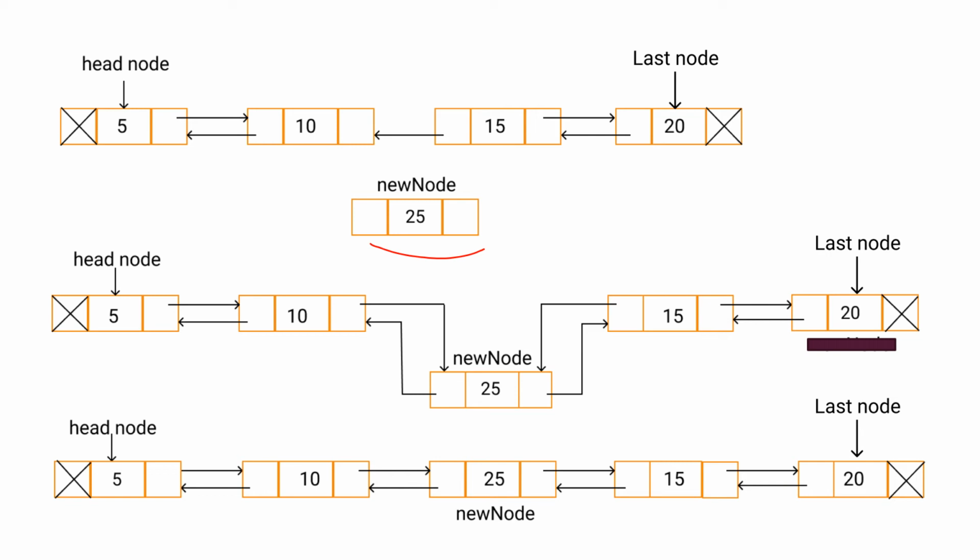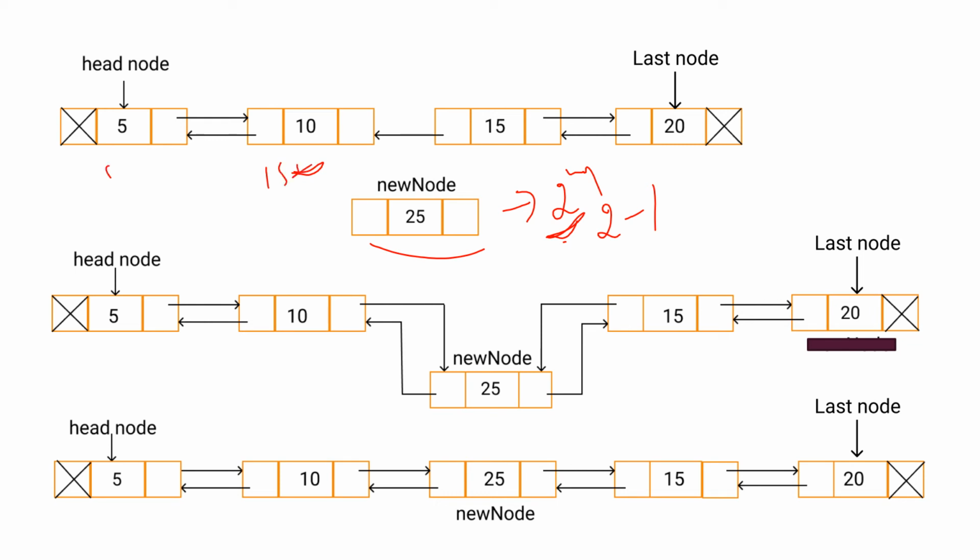So start traveling the list from head and move up to the given position minus 1. That is, I want to insert the new node at the second position. If the position is second, then I need to travel till 2 minus 1. Here, in this case, I want to travel till the first node.